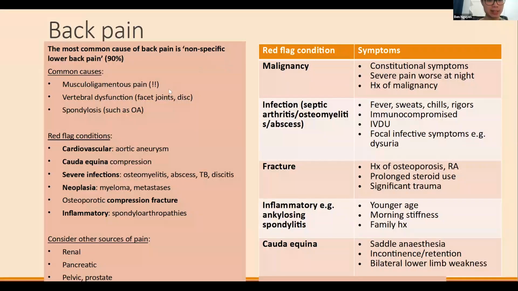And I guess the other thing is that it's good to consider other causes of pain that aren't really related to the spine, like renal stuff, prostate stuff, that sort of thing. That can be around that general area as well.